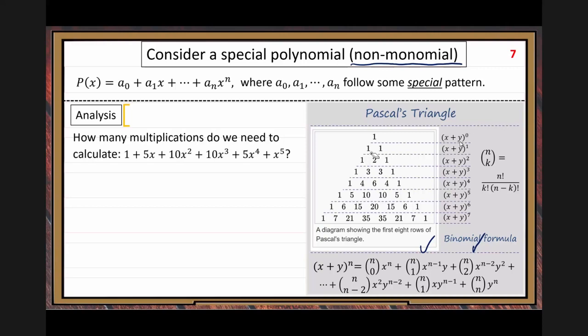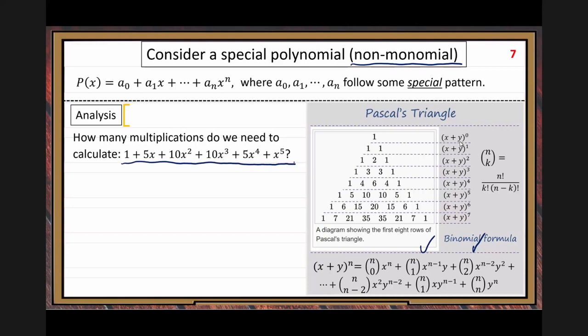Now, after you understand this Pascal's triangle property, let's use this understanding to solve one special question. We want to calculate the polynomial with these given coefficients: 1, 5, 10, 10, 5, 1.